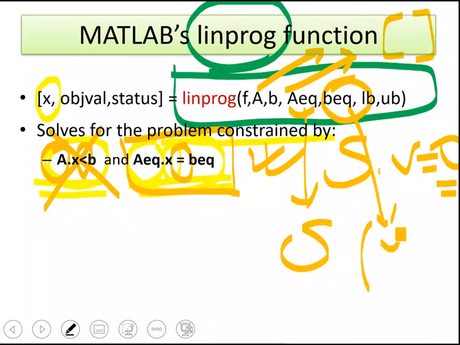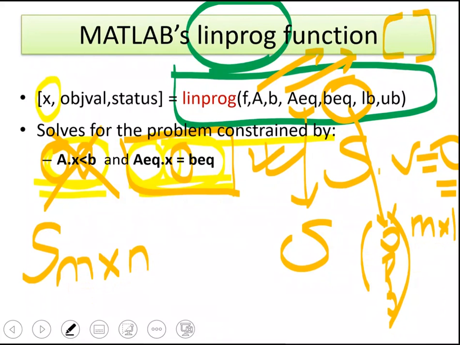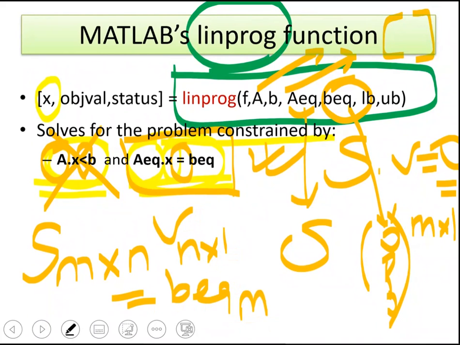In our case, it is zeros, an m by 1 vector of zeros. Right? S is m by n: m rows, n columns. v is n by 1. We have n unknowns. So the resulting vector, here called beq, will be m by 1.